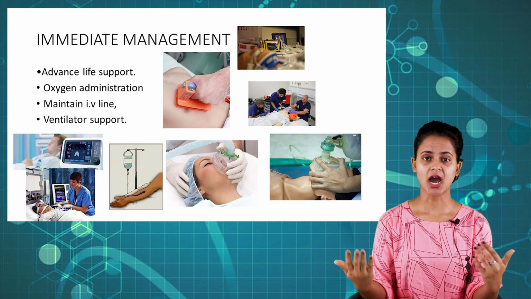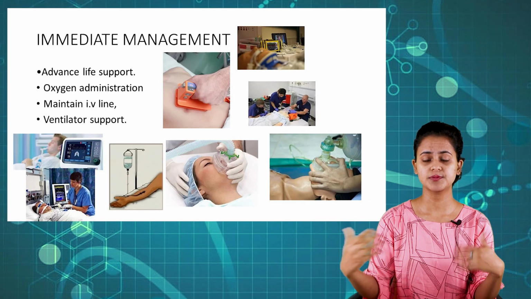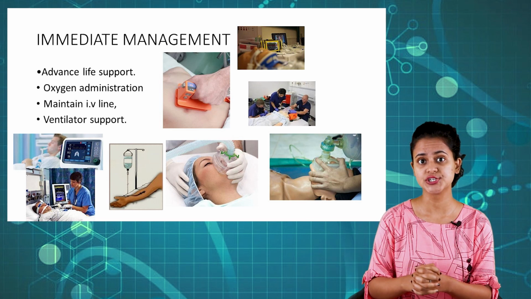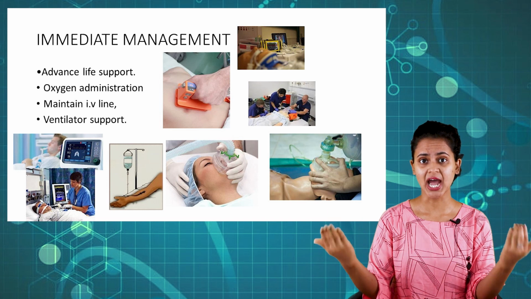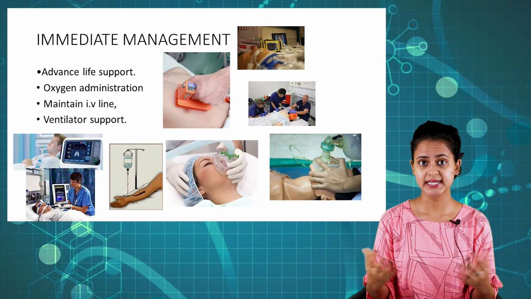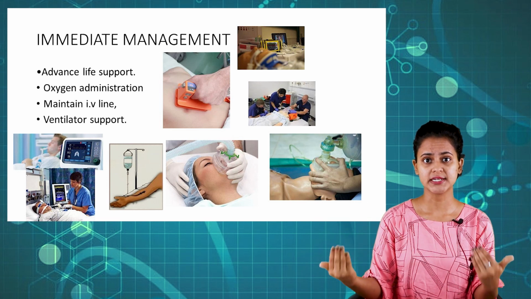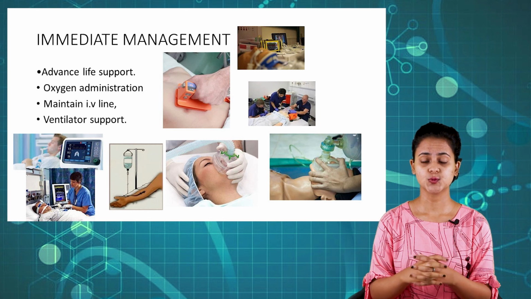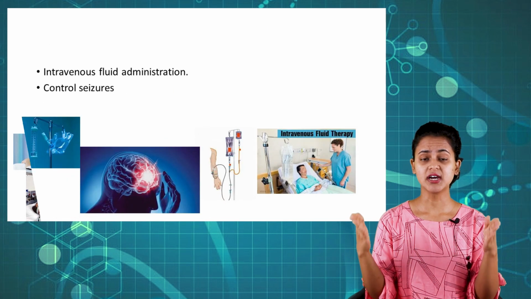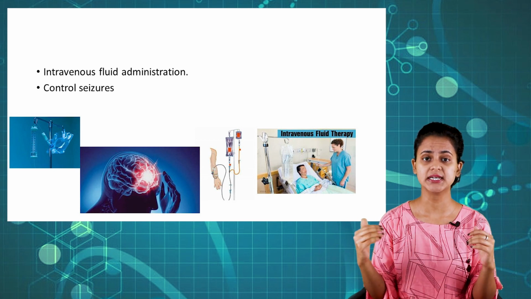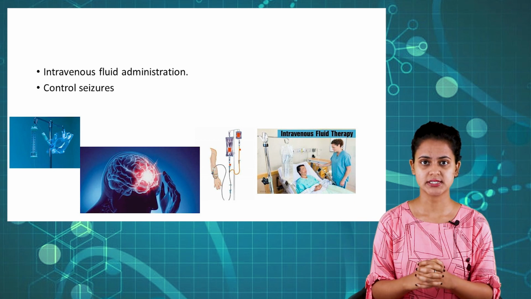Next, after the initial procedures like advanced life support or cardiopulmonary resuscitation, the client may need ventilator support. So with the unconscious state, a client may be provided with ventilator support. If the client is showing any features associated with seizure, seizure control plays a very important role in managing the metabolic condition and the physiological state of the client.